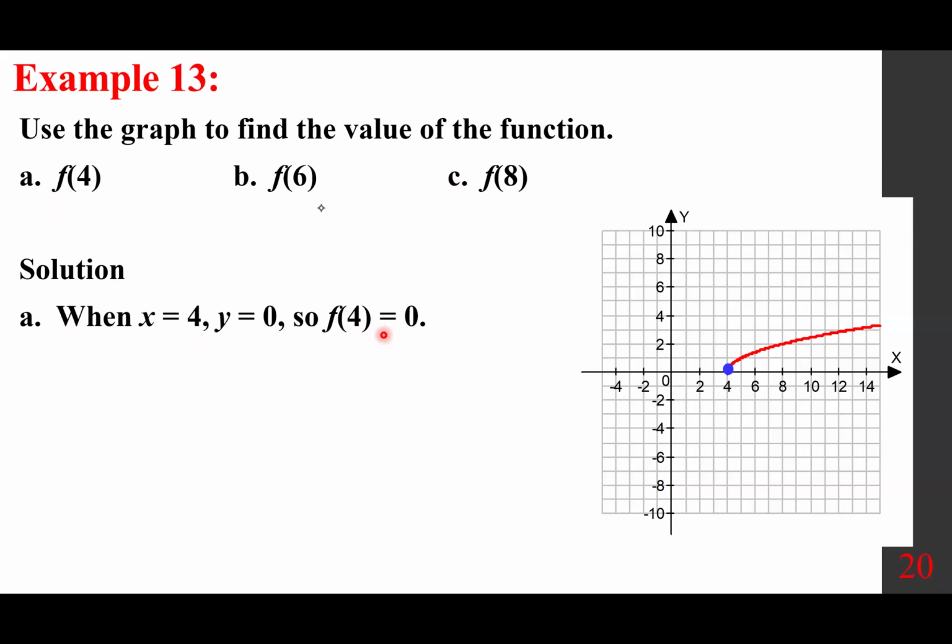F of 6, locate the 6 along the x-axis, and on the graph is this point, which seems to have a y coordinate of 1.5. So we write when x is 6, y seems to be 1.5, and therefore f of 6 is 1.5.